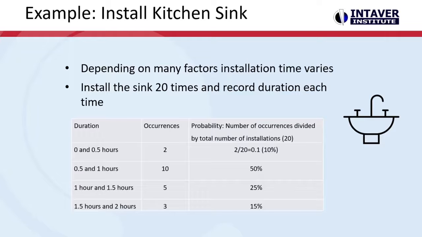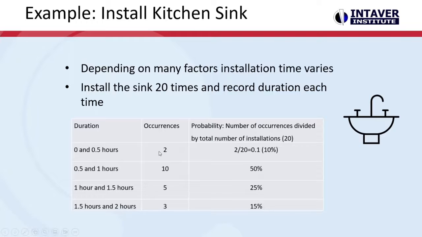So how do we come up with these distributions? This would be a real life example. If you wanted to find historical data about how you should model performing a certain activity, you could do an example like this. In this one, we're installing this thing 20 times, and we're going to record the duration each time. And this is what you might get.